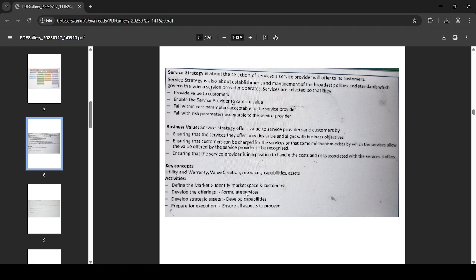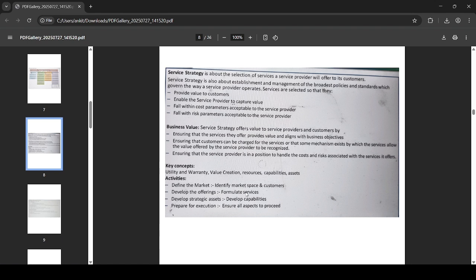So the service provider also has to ensure that the services they provide get charged, or they get the value of the services which they provide to the customer.